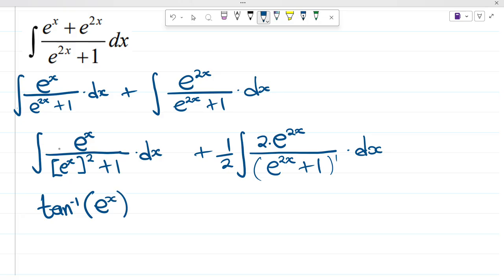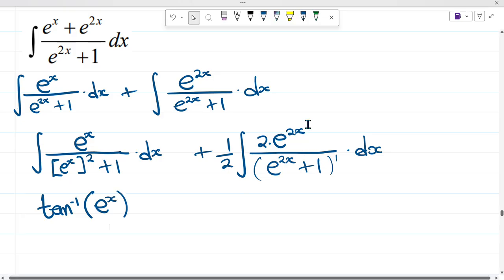We come to this one. Because here we have the derivative of the denominator in our numerator, it's the general log rule, also because our n is equivalent to 1.